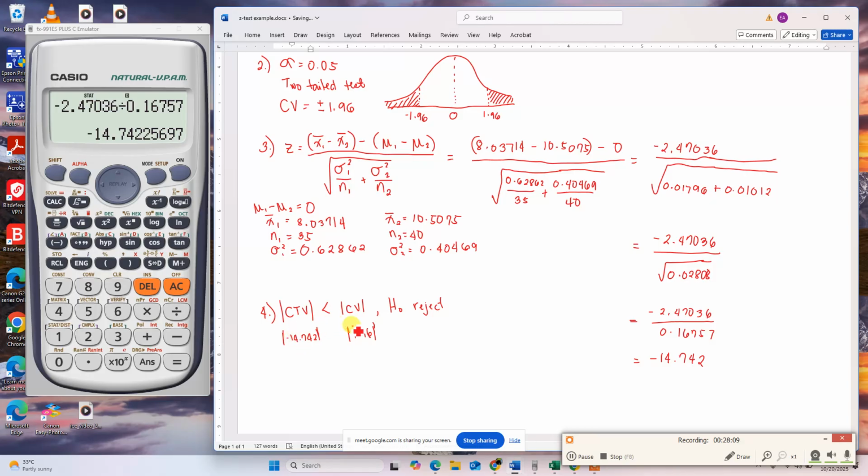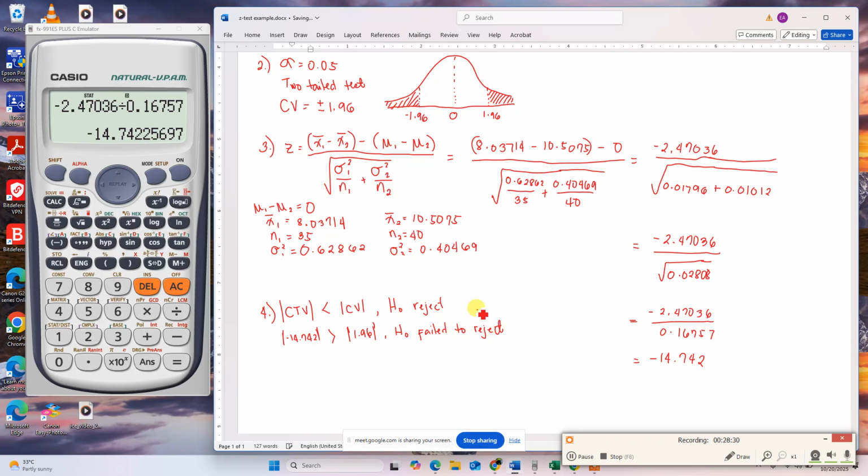This is positive, so that becomes greater than. And since it's greater than, the null hypothesis is failed to reject.